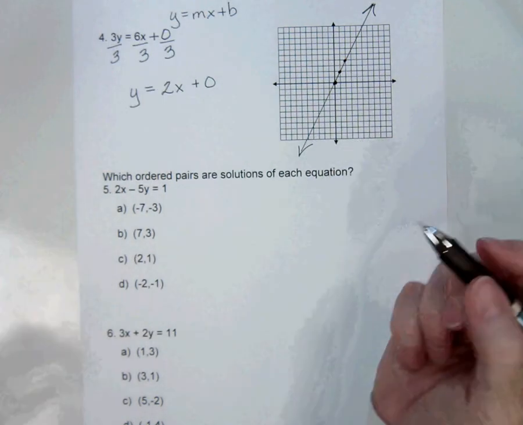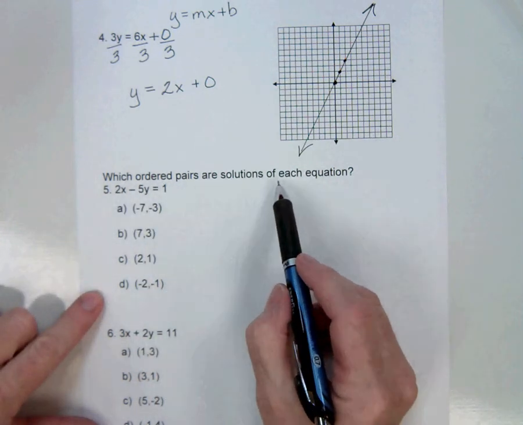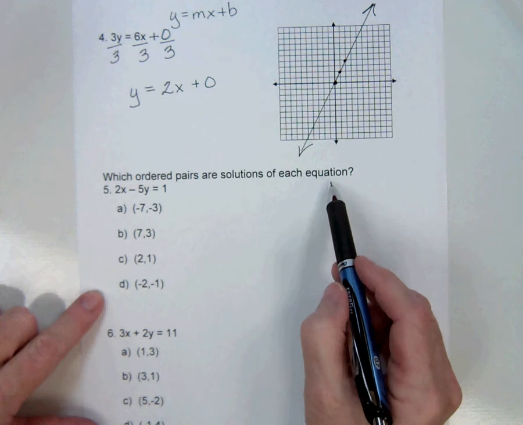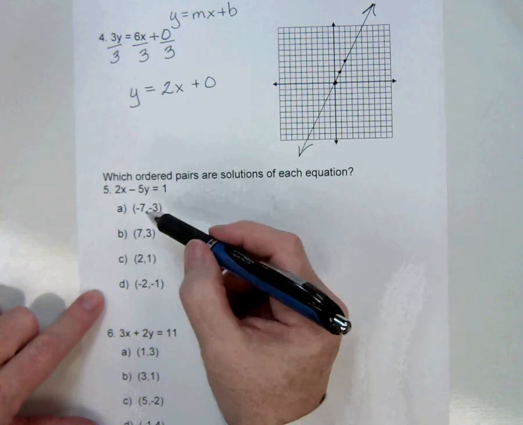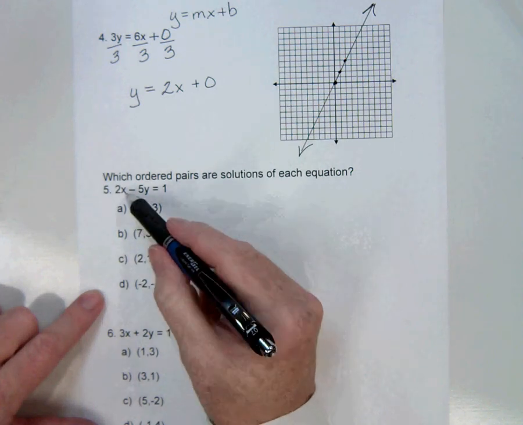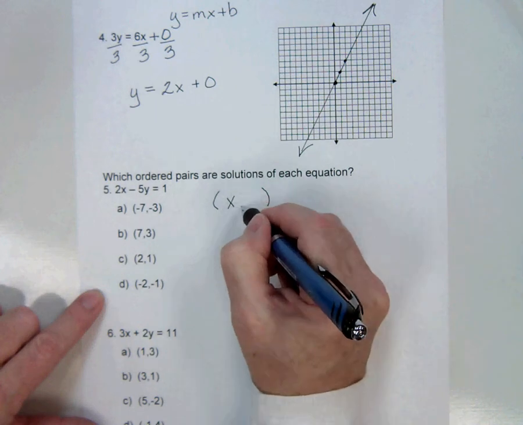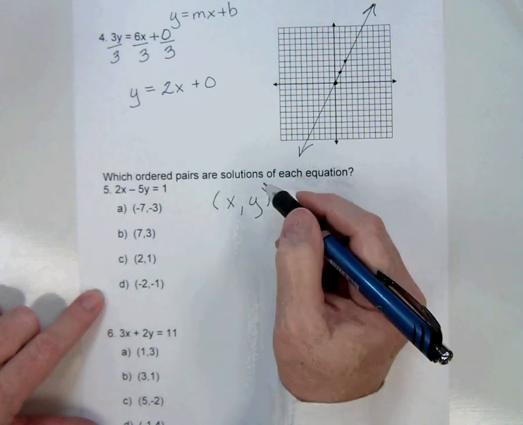In this case, it says which ordered pairs are a solution of each equation. You can take every example that is given to you as your choices and put them in a coordinate point, x and y, like the negative 7.